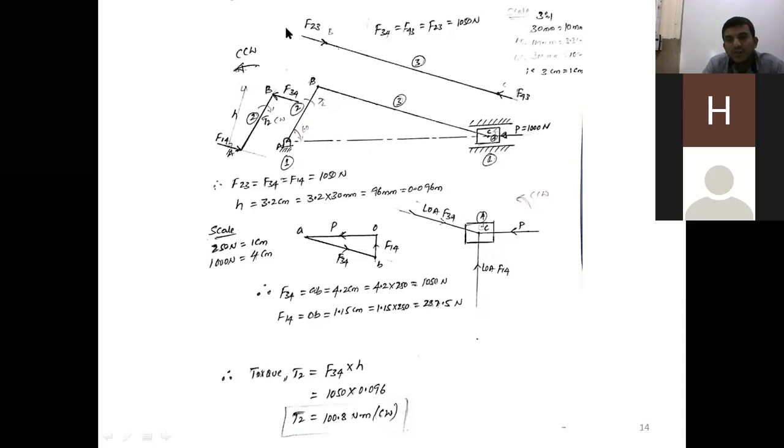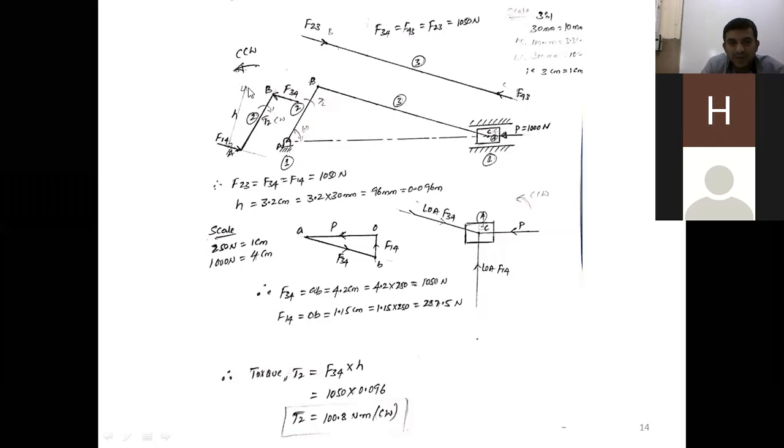It is subject to only two forces. When a body is subject to only two forces, how do you say it is in equilibrium? Those two forces should be equal in magnitude and act in opposite direction along the same line of action. You can see that F34 is equal to F43, that is equal to F23. How much force is that? 1050 Newton.